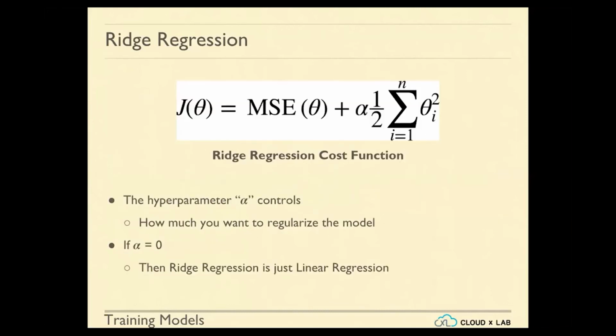This will make more sense if I go back. So this is the cost function. Earlier the cost function was only this, mean squared error. Now the cost function is this, meaning come up with those thetas. We are telling the gradient descent that while coming up with the thetas, do not only minimize the MSE but also minimize this. Come up with those thetas which have minimum squared sum.